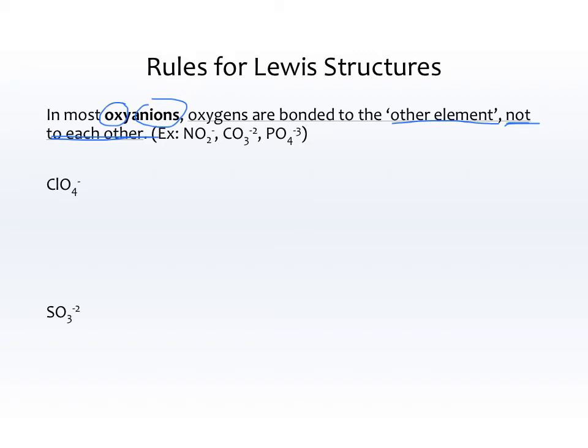So we're going to count up the valence electrons. Chlorine has 7, plus 4 times 6 for oxygen, plus 1 more because of this negative sign. That means we're gaining an electron from what we should have had. So 4 times 6 is 24, plus 7 plus 1 is 24 plus 8, 32 electrons. Okay, now we're going to draw a Cl with 4 O's around it and give everyone an octet.